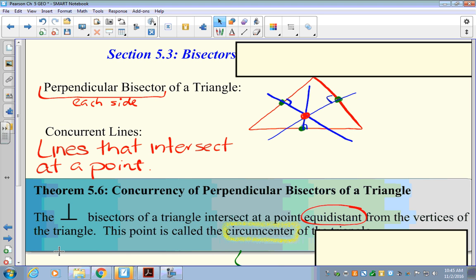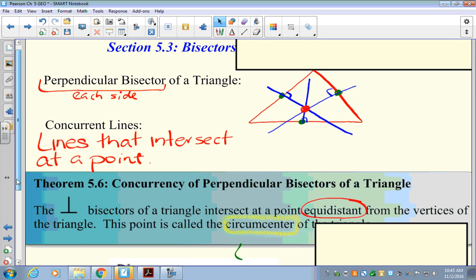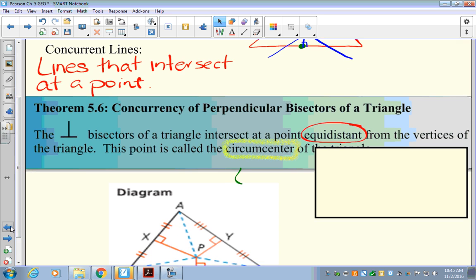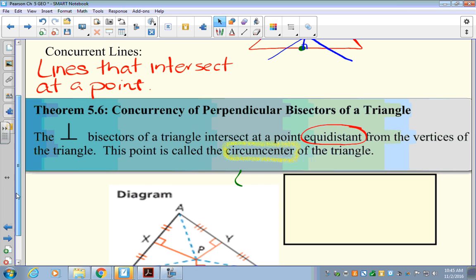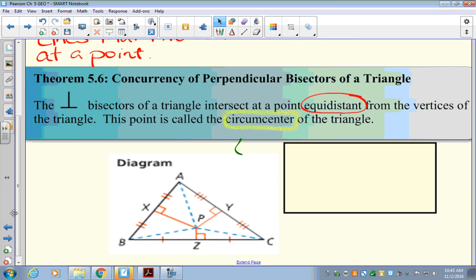So concurrency of perpendicular bisectors of a triangle is the special point where the perpendicular bisectors intersect. The perpendicular bisectors of a triangle intersect at a point that is equidistant from the vertices.